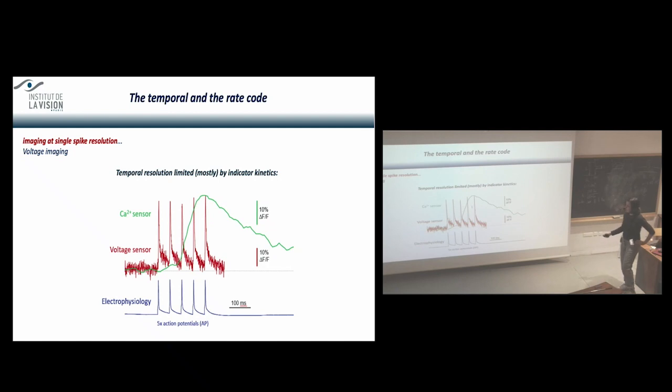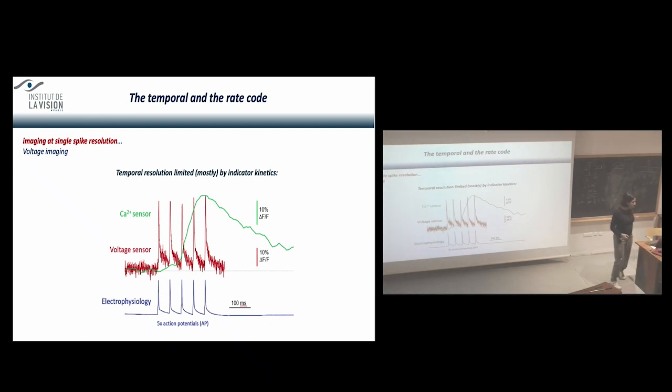Calcium indicators are very slow, a voltage indicator is much faster. So if we generate a series of spikes and we look at them with the calcium indicator, there will be a signal piling up and lasting a very long time, 100 milliseconds. While with voltage imaging, the indicators are much faster, so you can actually really optically resolve the spike.